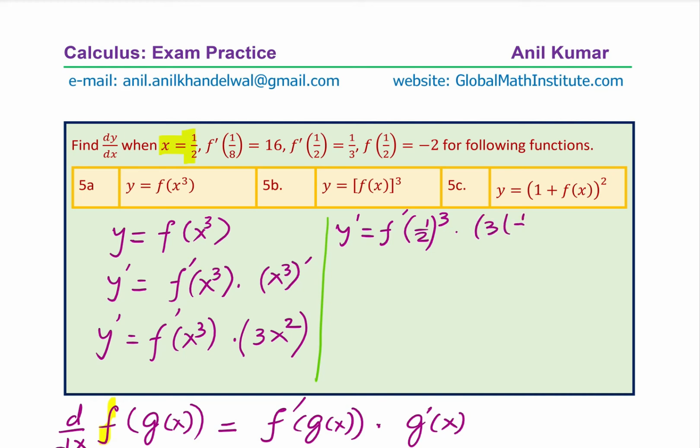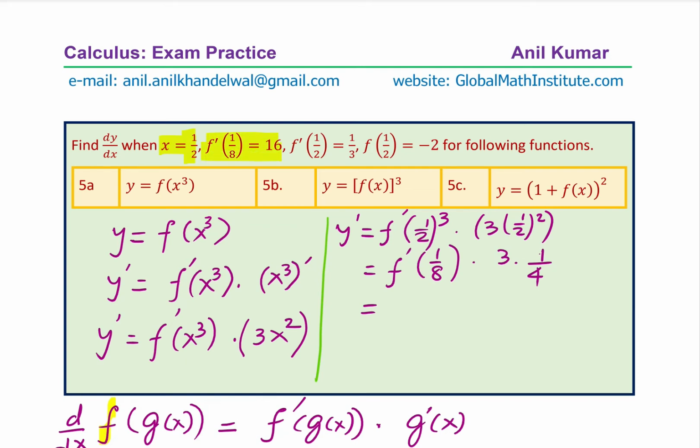Okay, so that is f prime of 1/8 times 3 over 4, or 3 times 1/4. Now f prime of 1/8 is given to us, which is the value 16, right?